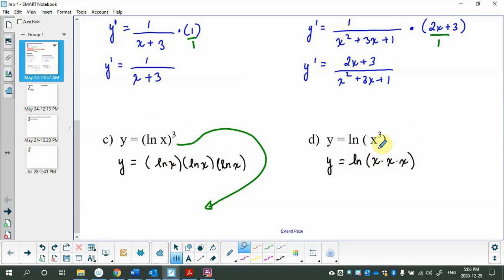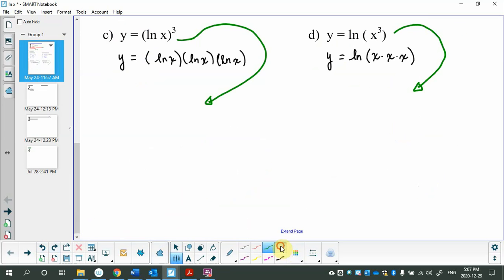And again, with this particular question, I am going to take care of it from the original. So now that you know the difference between the two, we can take the derivative. I'm going to use the other version.